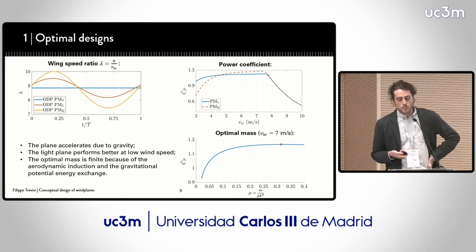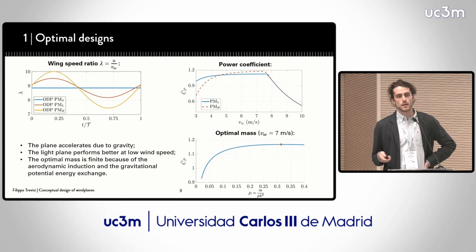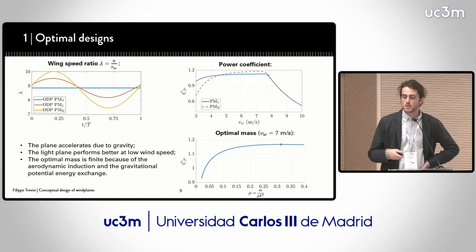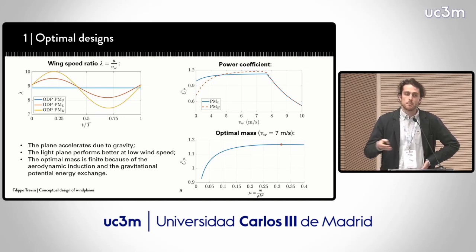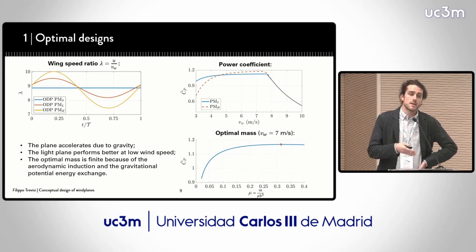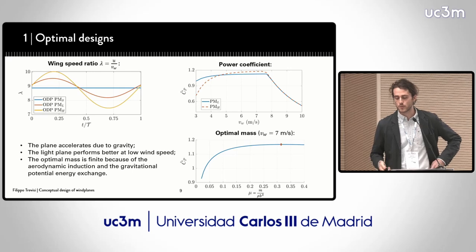Again, showing some of the results, we see that the wind speed ratio, so how much the plane velocity is over the wind speed, fluctuates over the loop due to gravity. That's also a result. And if you look at the CP as a function of the wind speed on top right, we see that the plane performs badly at low wind speed, the heavy plane. And that's something that we expect. We have some power losses due to gravity.